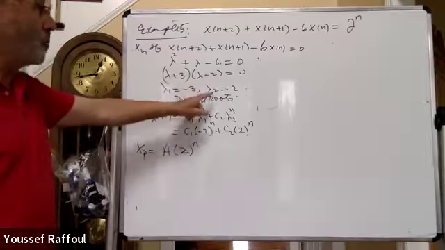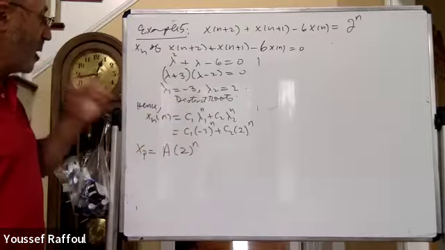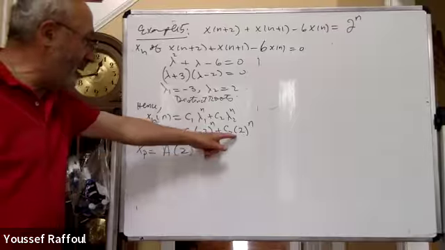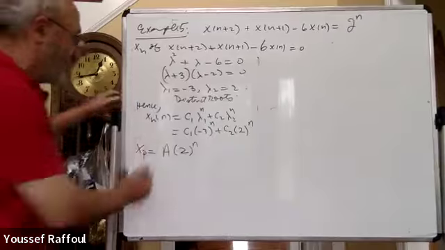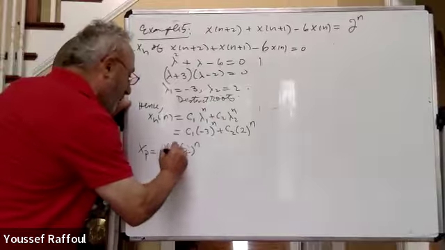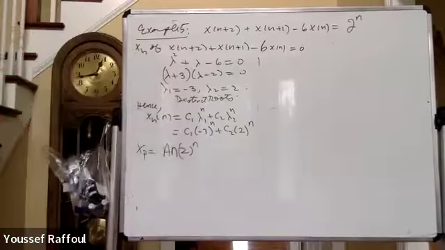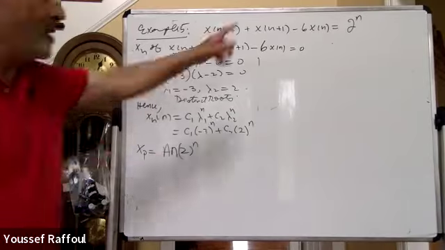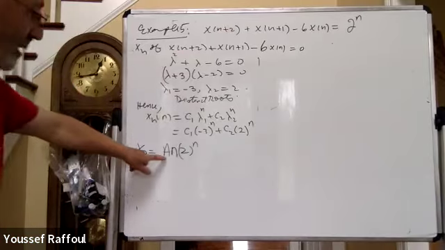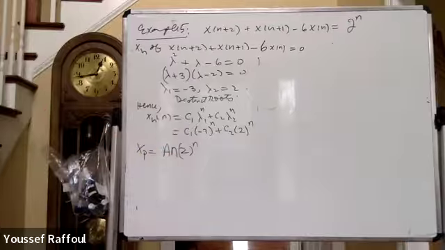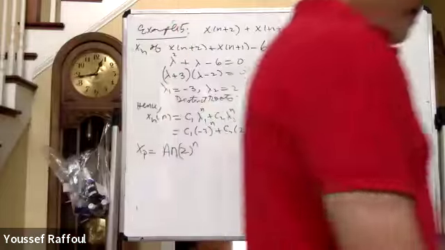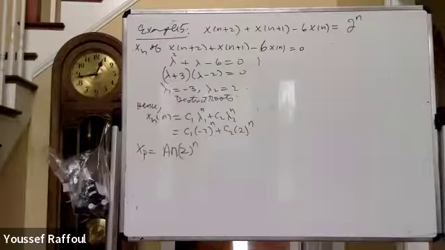Now, you look back and you say, well, 2 to the power n is a part of x_h. In order to distinguish it, you hit it with n. You multiply it by n. And now it's going to work. Go ahead and do it. So that is your correct x_p now. Okay?